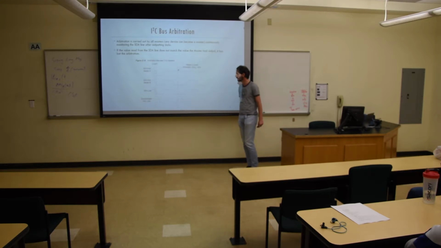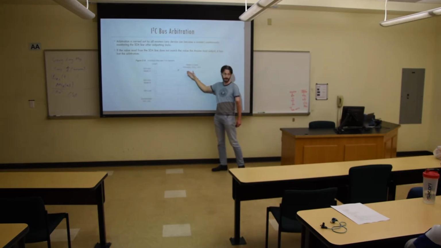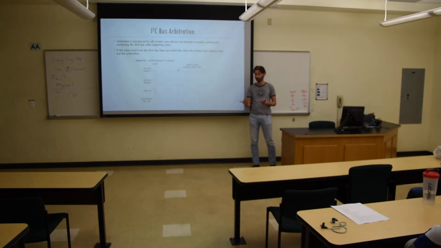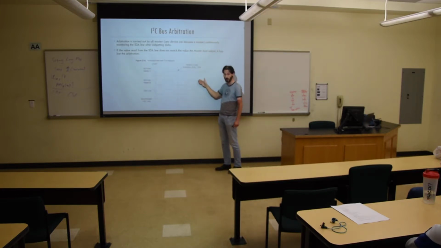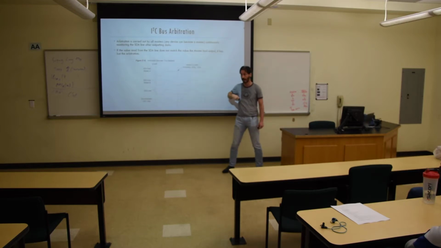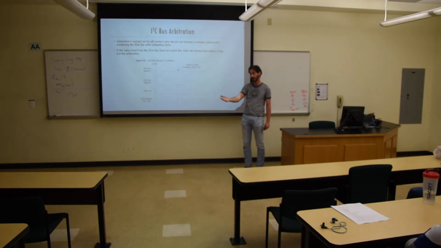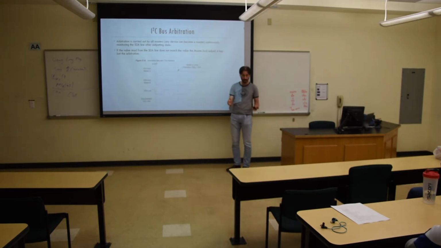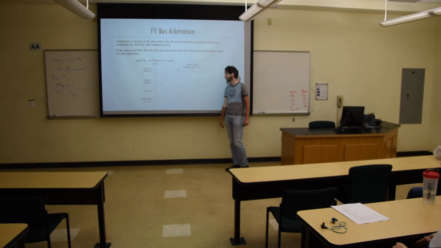Then of course you start writing data, and you will find out whether you lose the arbitration if the data that you transmit is not what you see on the line. Again, if you want to transmit a 1 but you see a 0, then you know that this other master is in charge and happened to also communicate to the same slave with the same data bits up to that moment, but then you lose the arbitration.